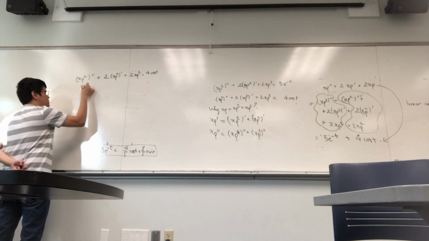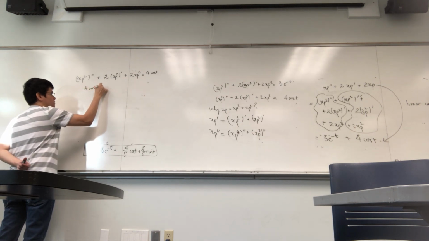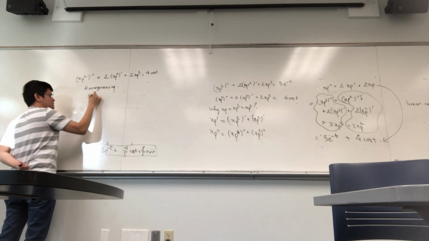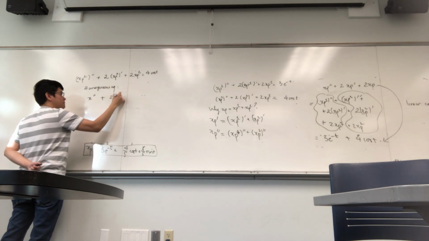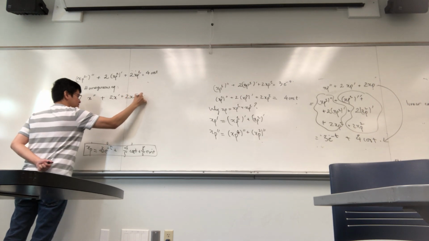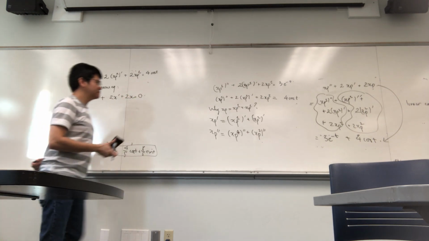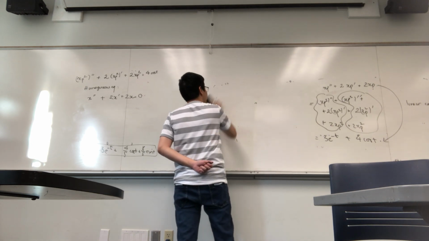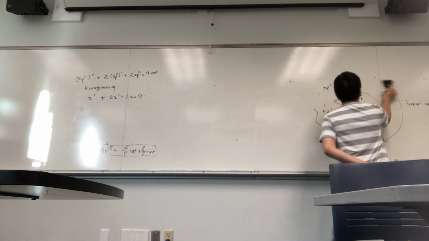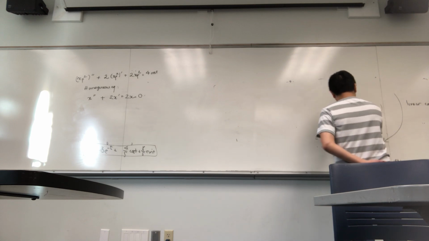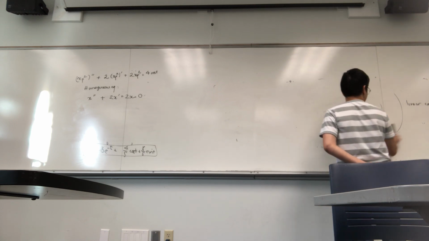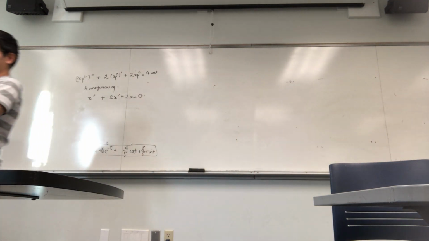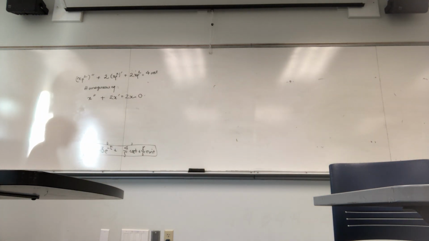You have x second plus 2x prime plus 2x is 0, all right? This is the homogeneous equation.